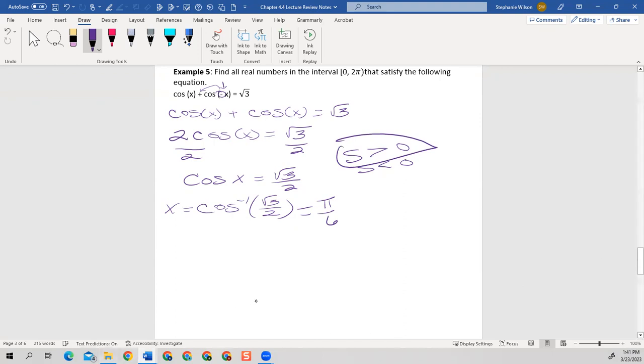So that means we're going to use the formula of the set of x that builds when x is equal to s plus 2k pi, or when x is equal to 2 pi minus s plus 2k pi.